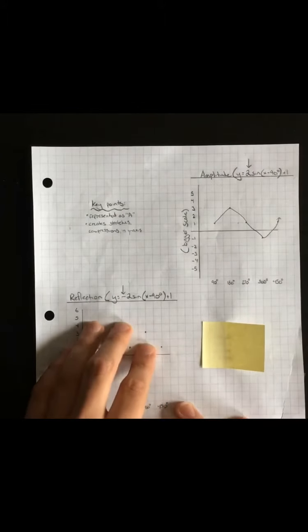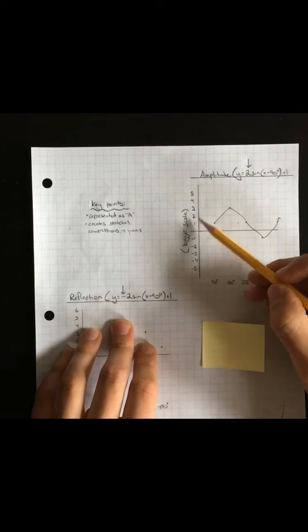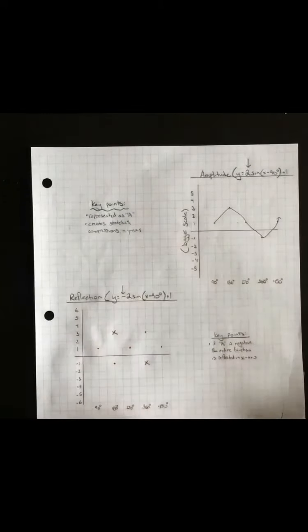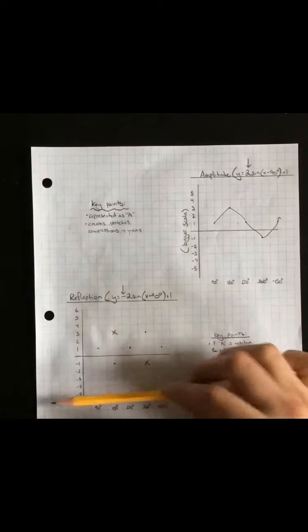Pretty simple. And you see here I've used a bigger scale, so this isn't 1, this is 1, 2, 3, 4, 5. So now we go to reflections. Reflections are very simple. Again, it's exactly the same as a reflection with quadratic transformations: you're just going to reflect the entire function in the x-axis if a is negative. So you're just going to take it and flip.